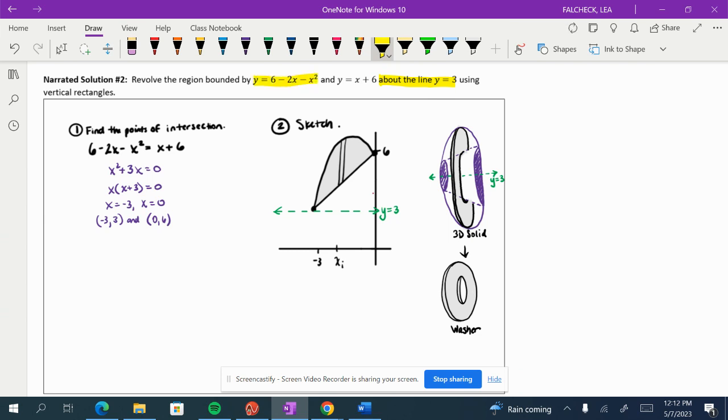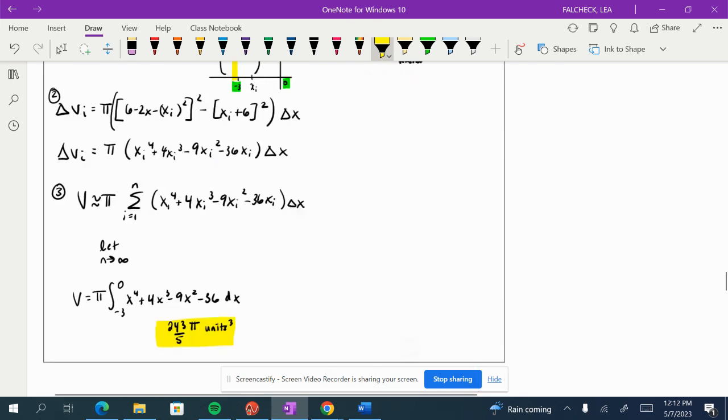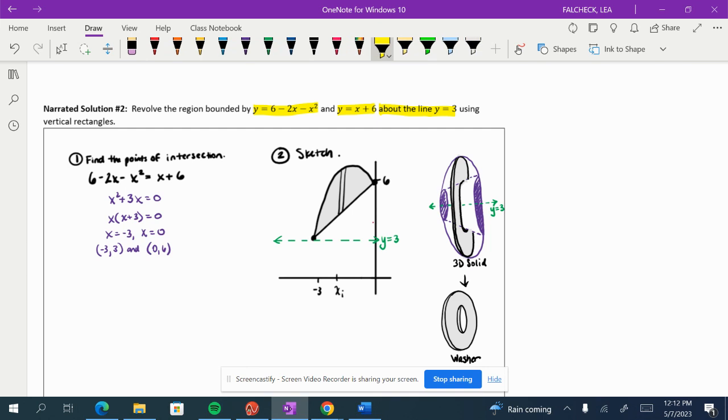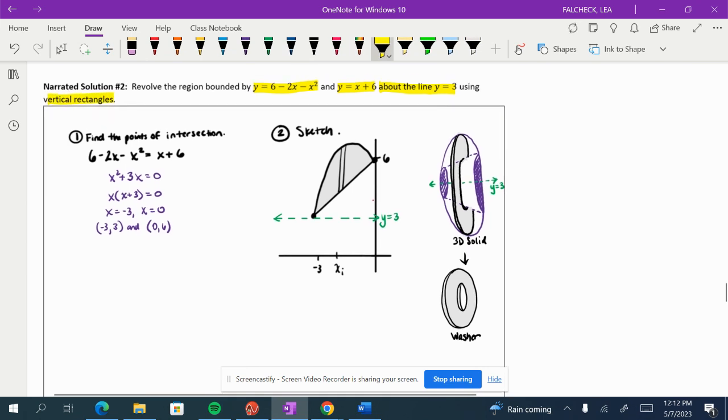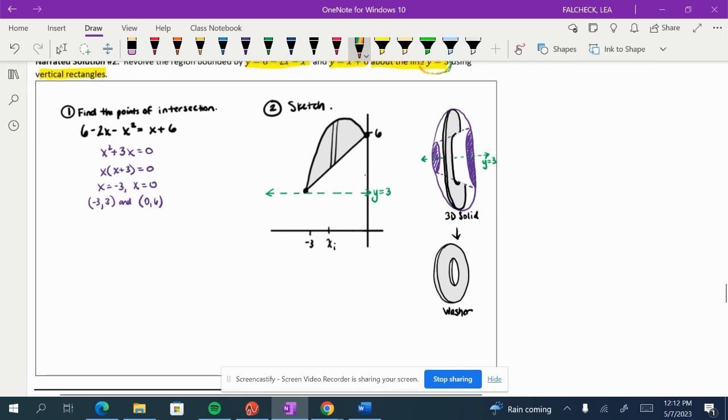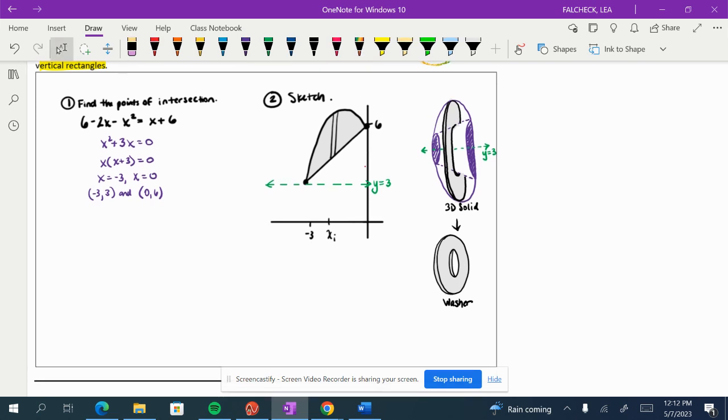We're using the same function here as we did in Narrated Solution number 1, and we're still using vertical rectangles. However, now we are rotating about the line y equals 3. And I'll show you how that changes things a little bit. So pause the video, copy down these sketches, and let's hit it.